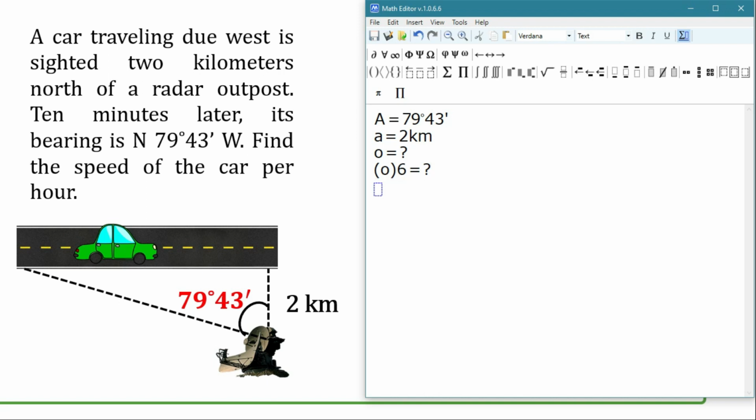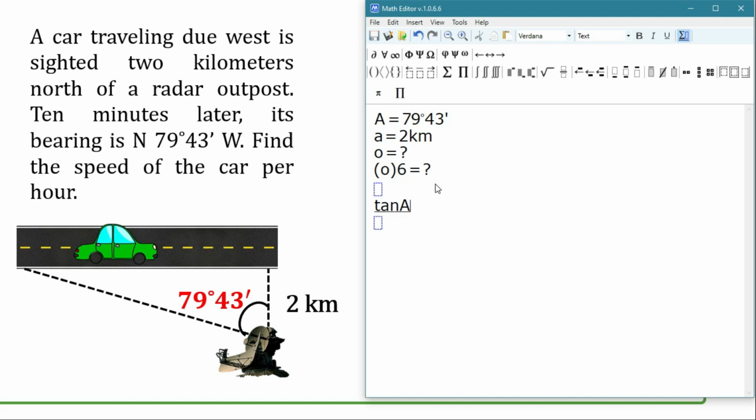Considering our given, we have an angle of 79 degrees and 43 minutes, and an adjacent side of 2 kilometers. So which trigonometric function fits our given? That is, again, the tangent function.